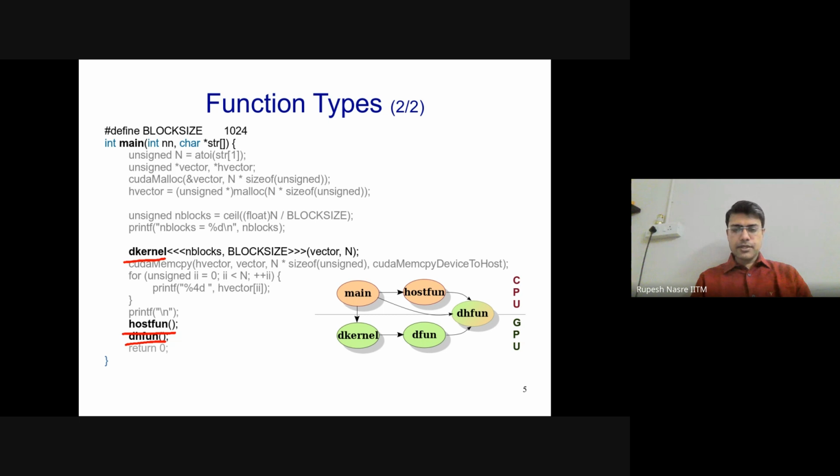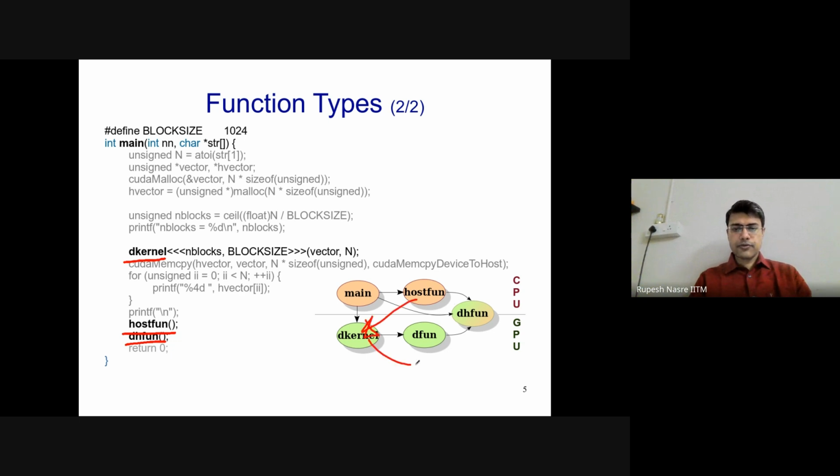Can you tell me what the other possible arrows are in this diagram? Although we have not coded it up, what other arrows are possible? Like we said, dkernel to dhfun is possible. Host function calling dkernel is correct, so it is possible to have this arrow.